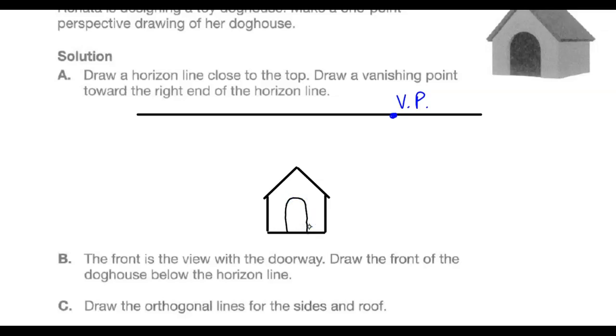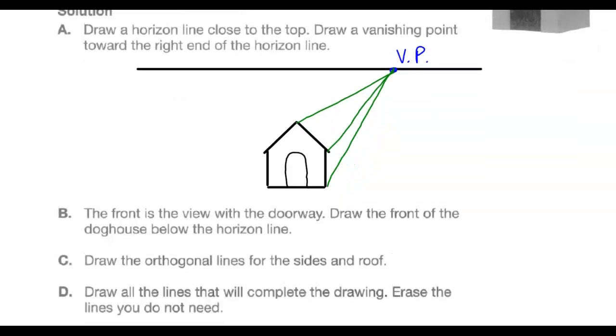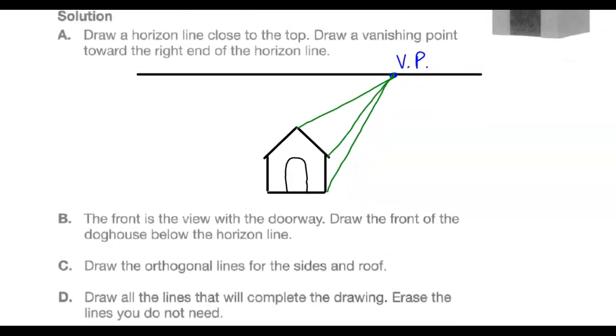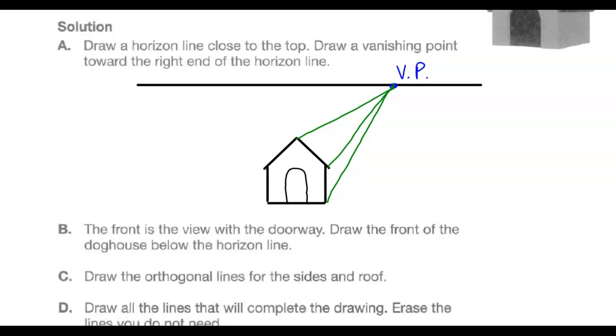Okay, then draw the orthogonal lines for the sides and roof. So again, I'm going to freehand those so I can erase some of them. Okay, and then draw all the lines that will complete the drawing. So I'll do it in blue. So you do one parallel to this side of the roof. So I'll do it there.